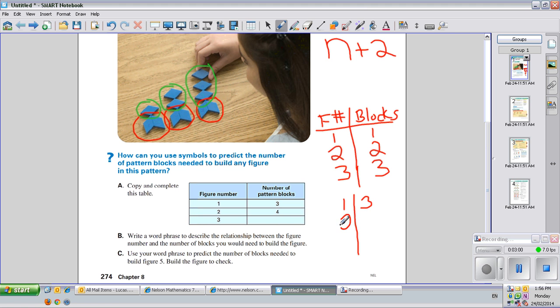For figure 2, if 2 is our n, 2 plus 2 equals 4. And we do have 4 blocks in our second picture. And for our third picture, we have 3 as our n. 3 plus 2 equals 5. And there are 5 blocks. 1, 2, 3, 4, 5 in the third picture.